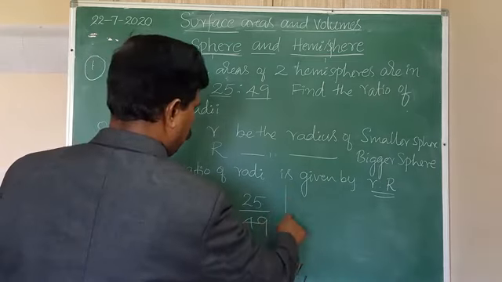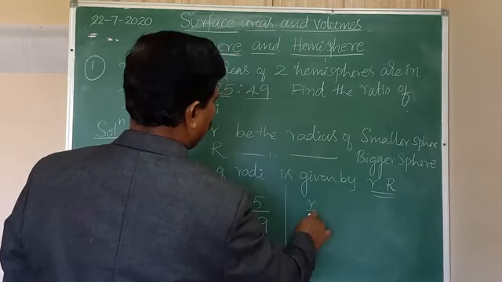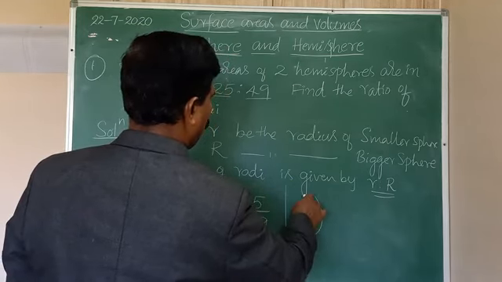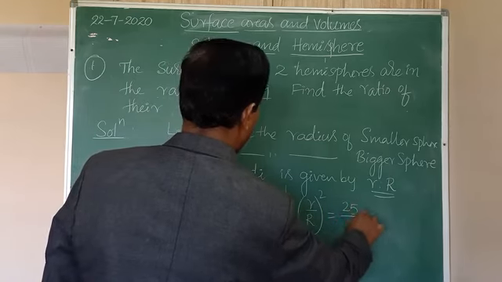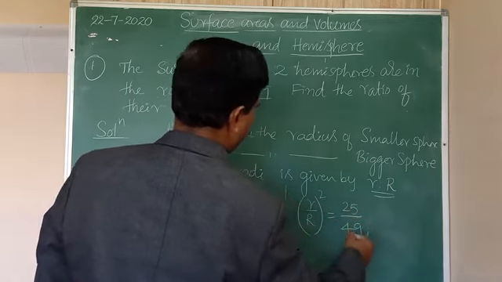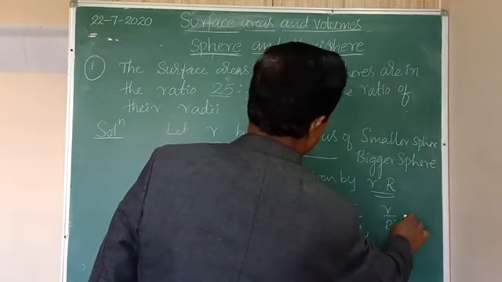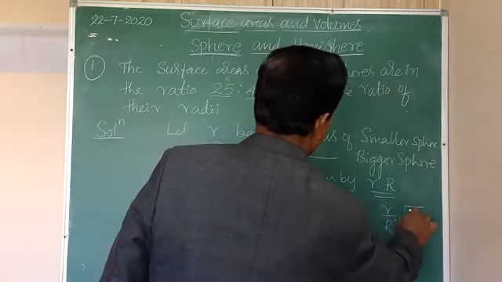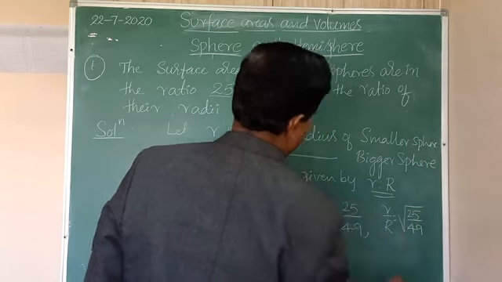Now r by R, whole square is 25 by 49, or r by R is equal to square root of 25 by 49.